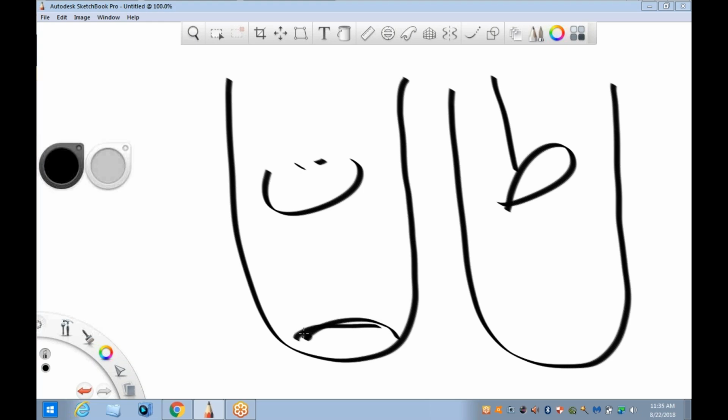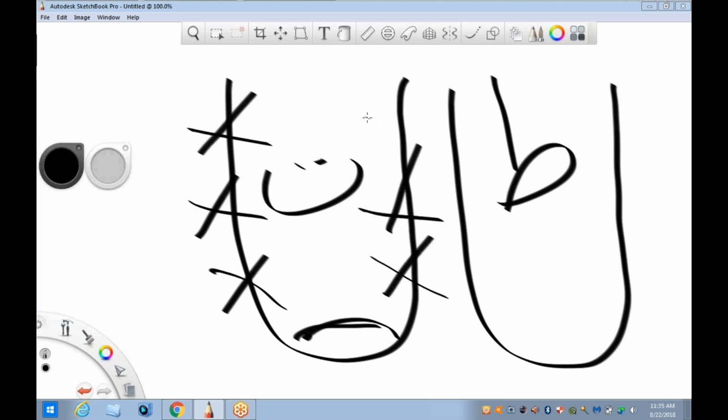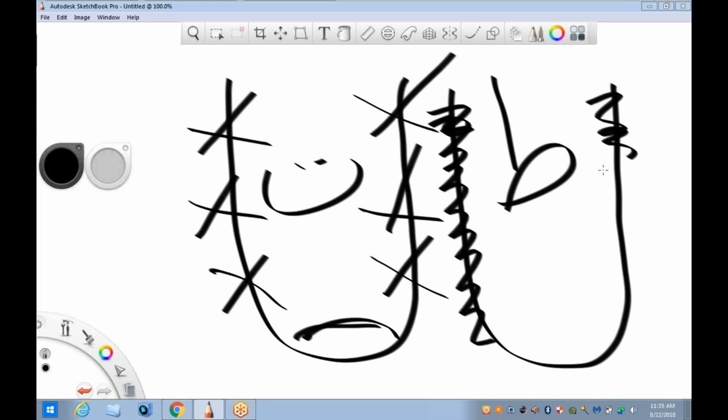Look here, this barely touches. There's no pressure whatsoever. As for the ta, all of this is compressed up tight. There's a difference between the two letters.